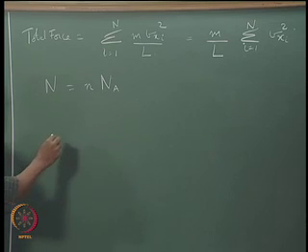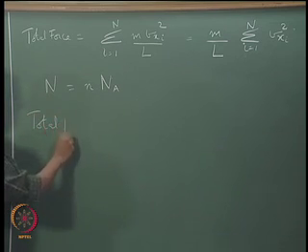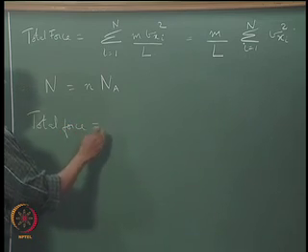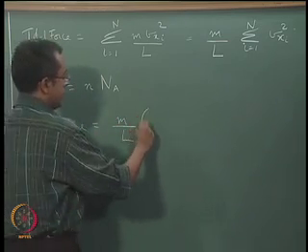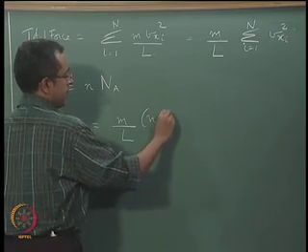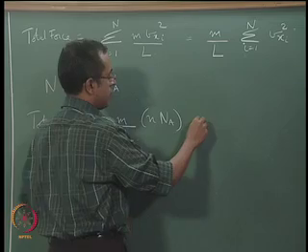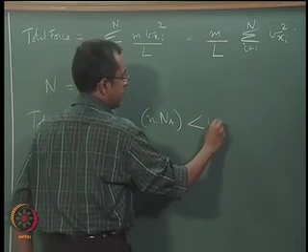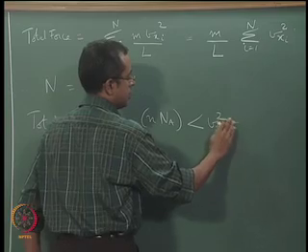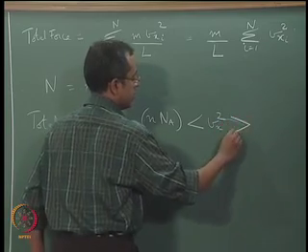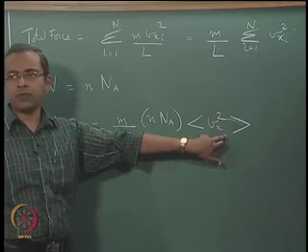So therefore we have the total force times the total number of particles, which is this N, times the average of the squares of those velocities, and that is simply denoted by this notation here. This notation simply means the average of the squares of those velocities.